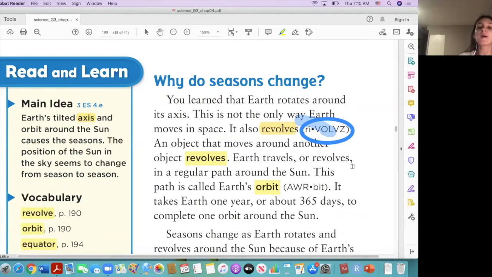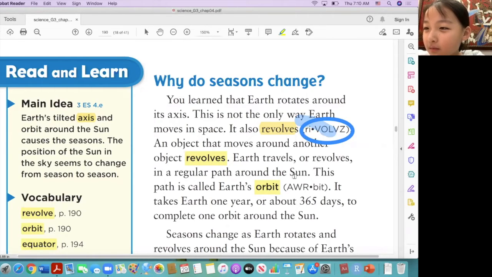Right. So if you know how to read the word, you can just ignore it and continue on. But if you are having trouble pronouncing it, always look at this to help you pronounce it. Not every word has that, right? Normally our vocabulary words, the words that you see here on the left, most times are going to have those pronunciations.